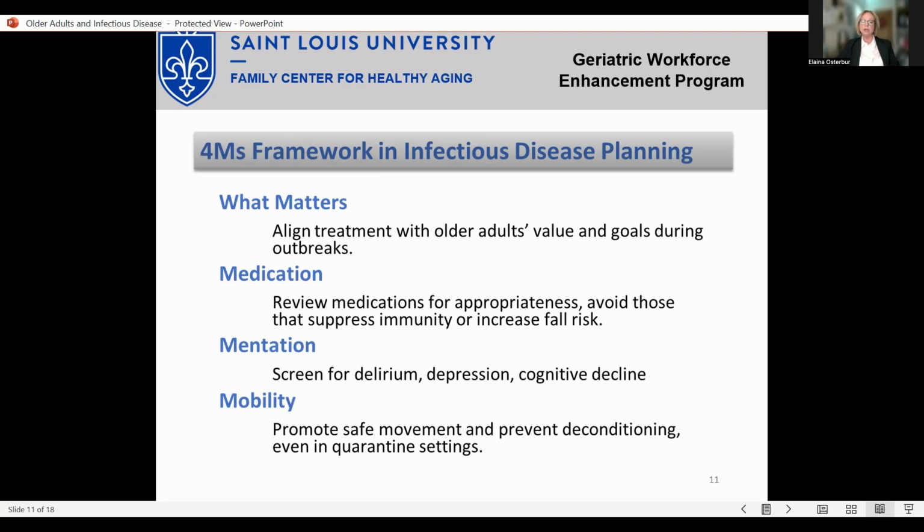Review medications carefully for appropriateness, avoiding those that may suppress the immune system or also increase fall risk. Routinely screen for cognitive changes such as delirium, depression, or dementia. Encourage mobility whenever possible, even during quarantine or isolation. Promote safe movement to help prevent deconditioning and to maintain function.